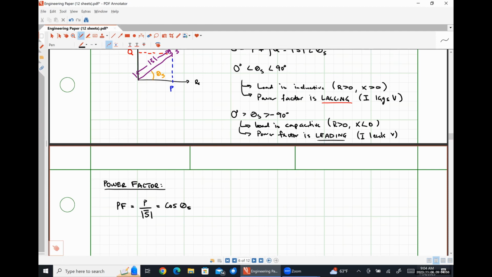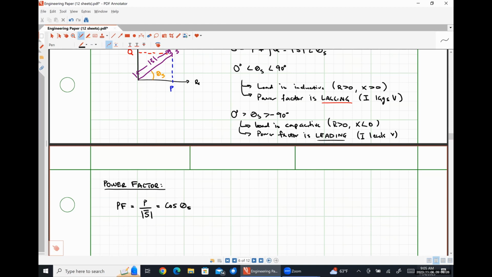Let me rephrase this. The electric utility generates average power for us to consume, but it also has to generate reactive power that gets sent back and forth between the end user and the utility itself. It costs money to generate that reactive power, right?